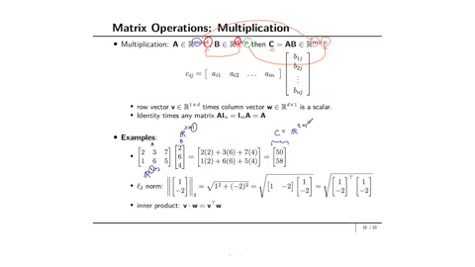So how do I get the elements of this matrix C? What I do is I take the rows and multiply them to the corresponding columns. In order to get C_{1,1}, where this is the row index and this is the column index, I'm going to take the first row of A and multiply it to the first column of B. What does it mean to multiply a row and a column?